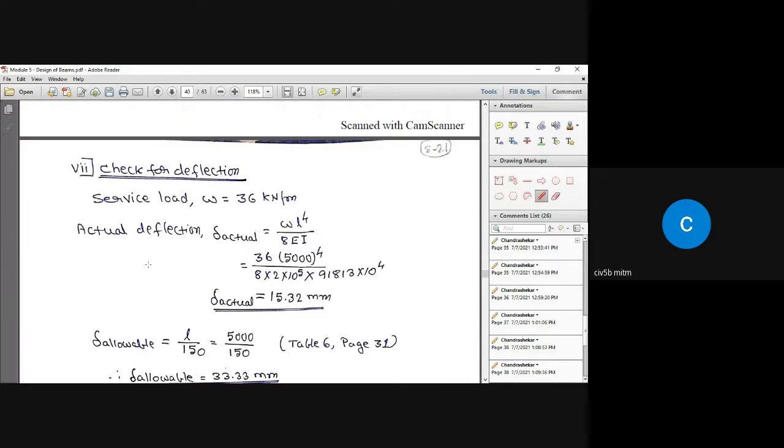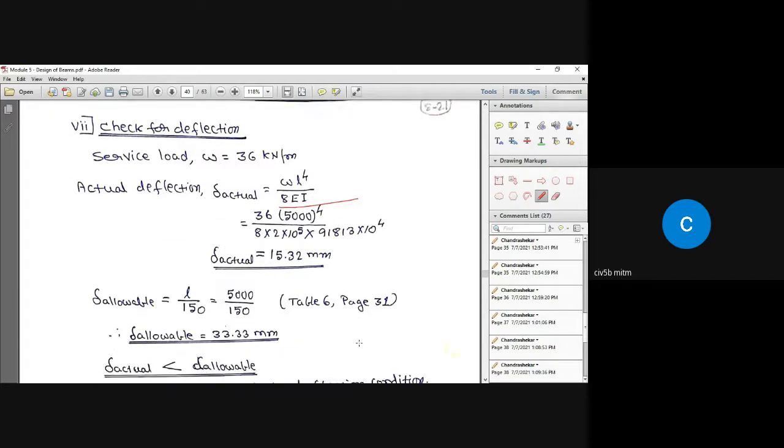So we got W equal to 36 kilonewton per meter, and the maximum deflection occurs at the tip, at the free end, and that deflection is given by the formula WL^4 divided by 8EI.